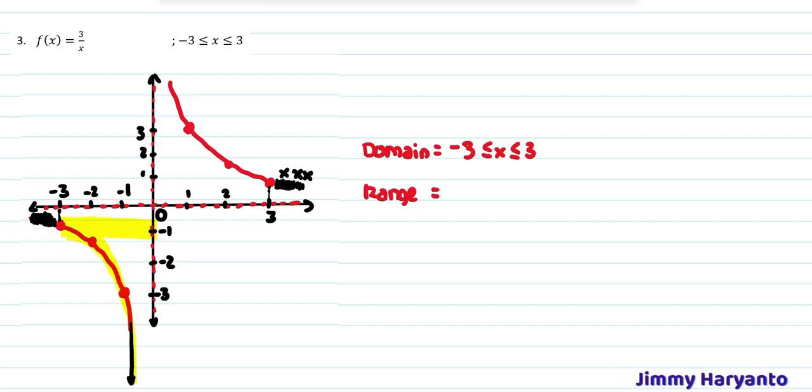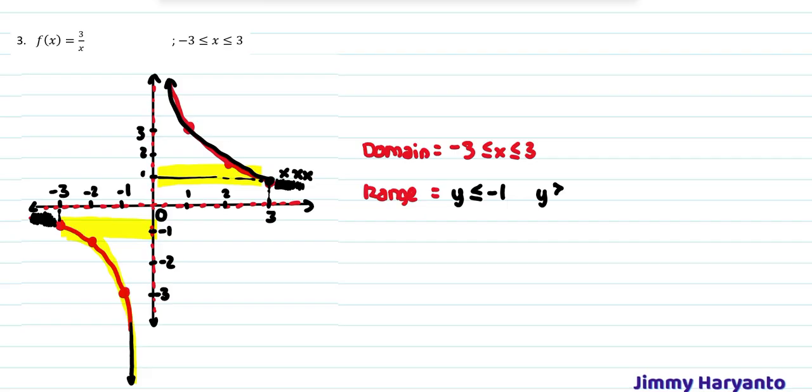That means the range will be y less than or equal to negative 1. And then for the other part, it starts from y equals 1. It will be going up infinitely. That means y will be greater than or equal to 1. And then you can say or. So y less than or equal to negative 1 or y greater than or equal to 1.